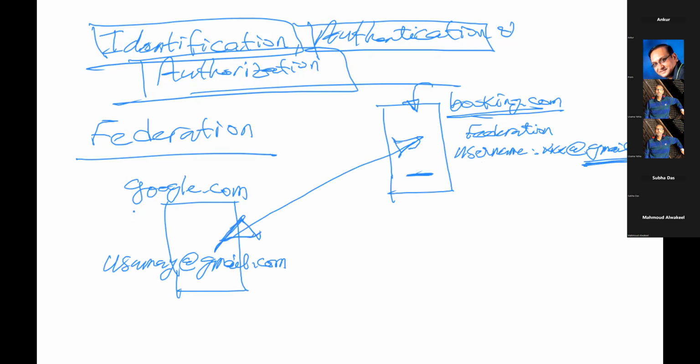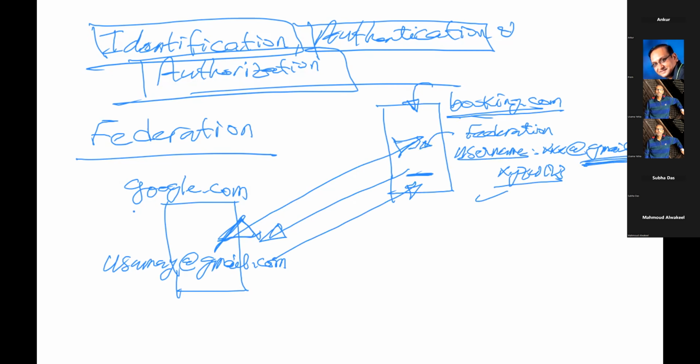Then it will say, yeah, it is osamy@gmail.com, and its password is XYZW123. Then it will take this information, username and password, and send it to the server. Is it right? Yes, it is right. Then if it's right, it will allow me to access the service on booking.com.